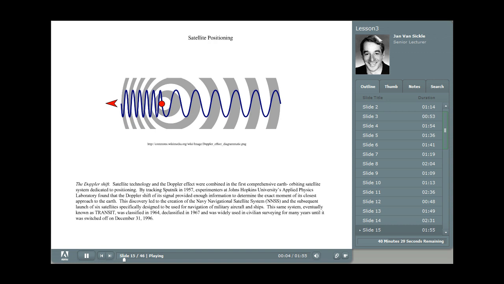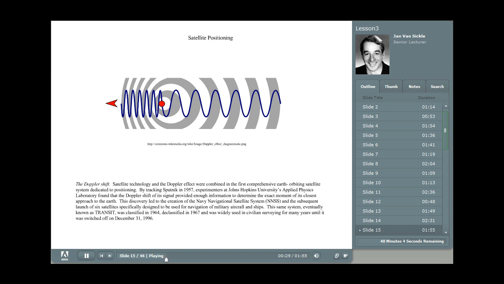Now, one of the things that was learned by tracking Sputnik in 1957 was that the Doppler shift of the little beep, beep, beep that Sputnik generated was enough to determine the exact moment that the satellite achieved the closest approach to the Earth.